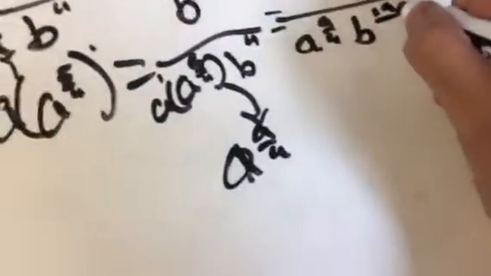So this would be a to the 9 over 4, and b, since you're subtracting, you get 19 over 6. But remember, this part is all to the 3, and I'm going to simplify everything to 3 because it'd be simpler.